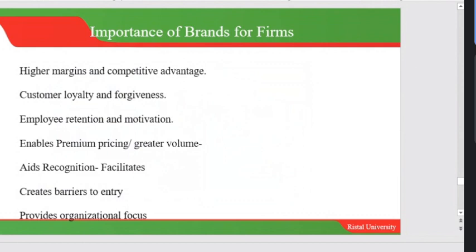They help in customer loyalty and forgiveness. There's employee retention and motivation. It enables premium pricing, greater volume, but also aids recognition and facilitation, meaning that if you have a good branding, the possibility that you may get aid or recognition or some kind of donor funding is as well there.